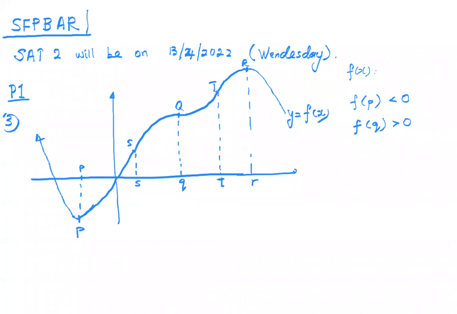Now from this graph, what can I say about f'(x)? I can only say greater than 0, less than 0, or equal to 0 in different situations. I can't say any value.